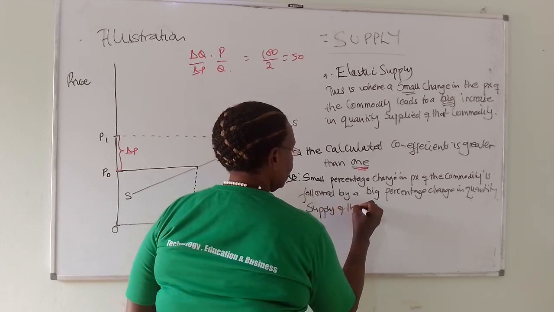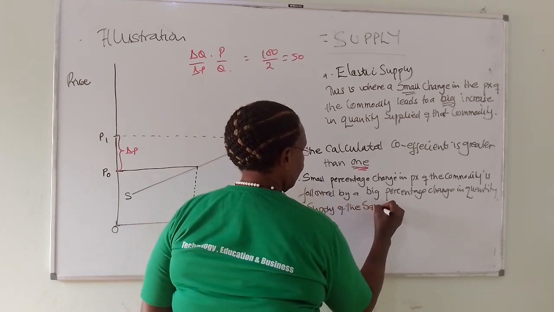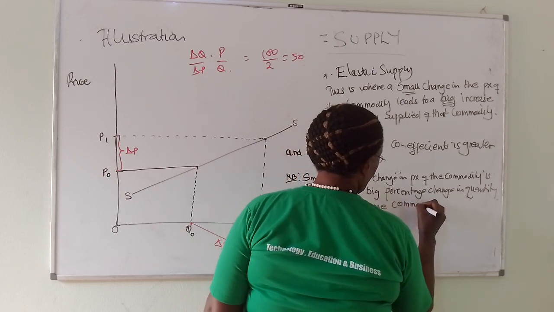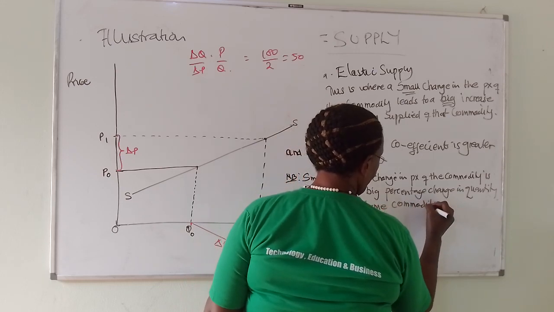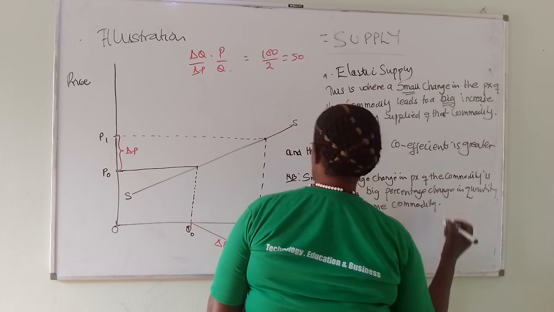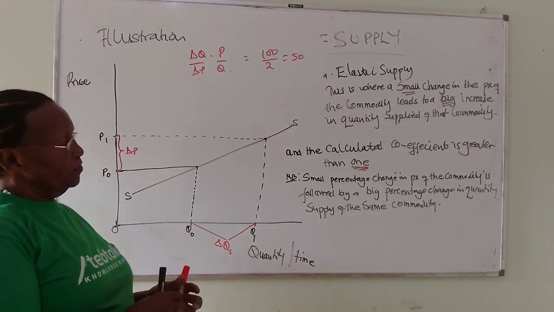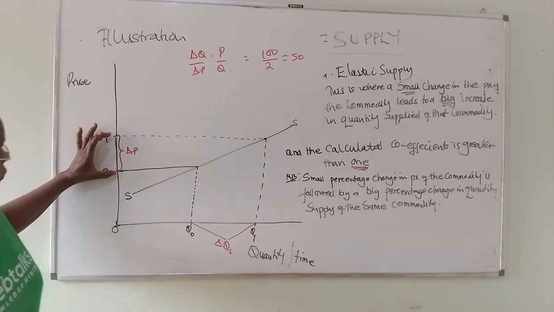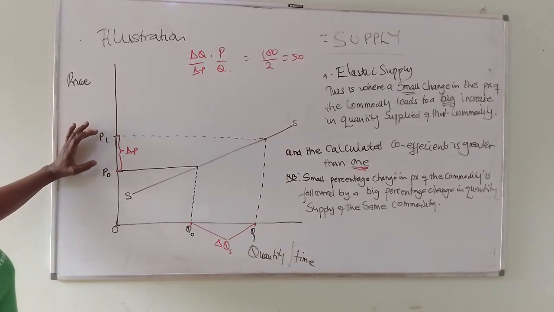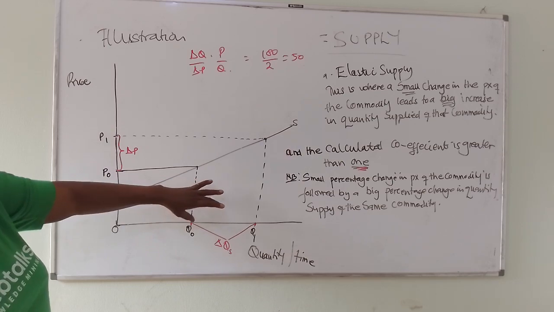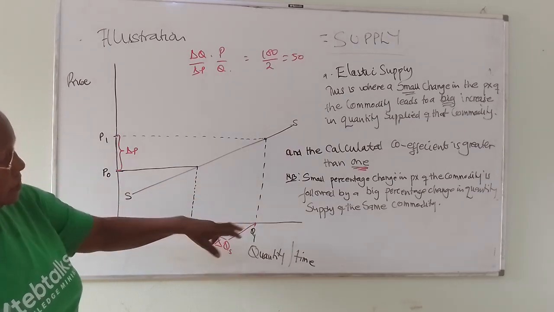of the same commodity. So we are dealing in the same commodity, we are not comparing with any other. We are introducing a change in the commodity and then try to see the response for that same commodity, because we are in price elasticity of supply. A small change, you have increased the price by a small value from P0 to P1, but we can see that it is corresponding with a bigger change in quantity supplied.